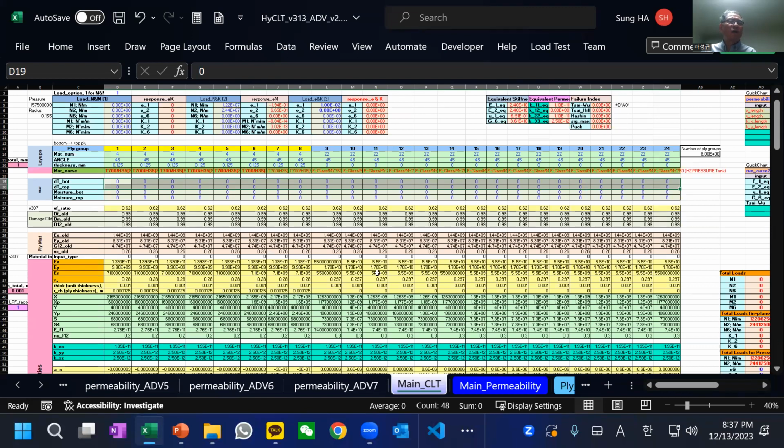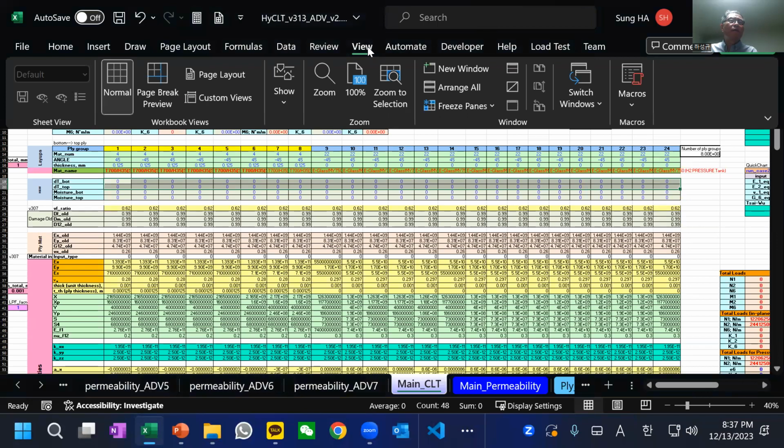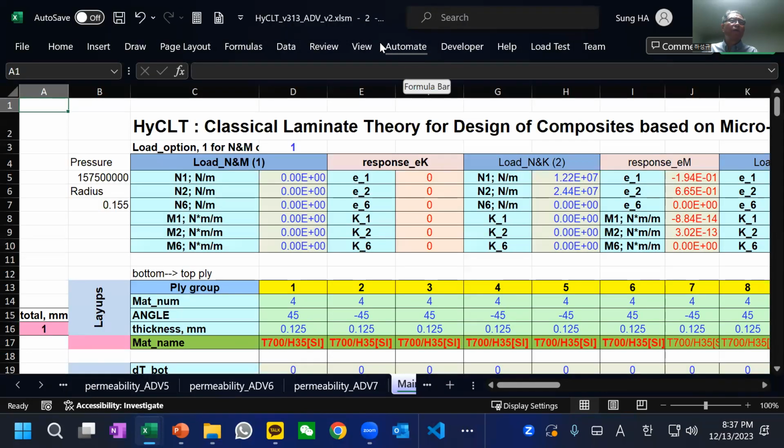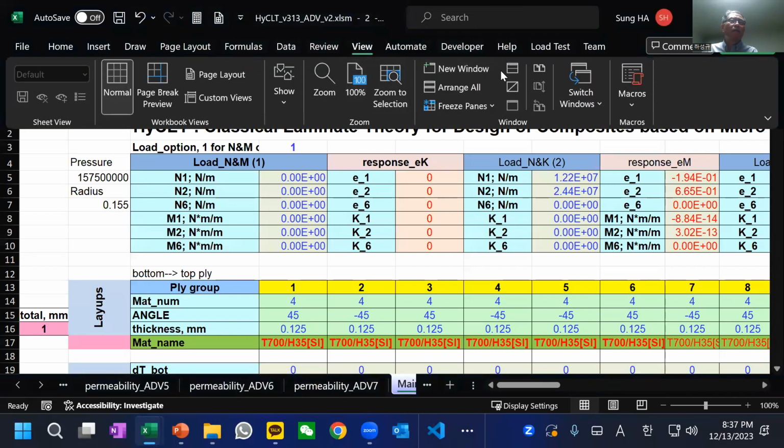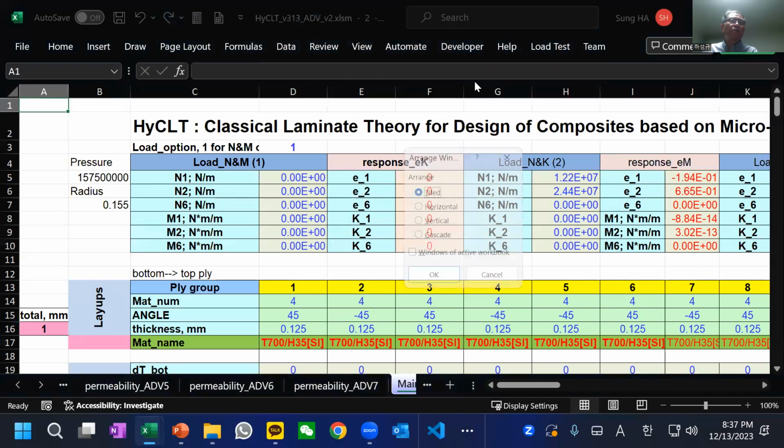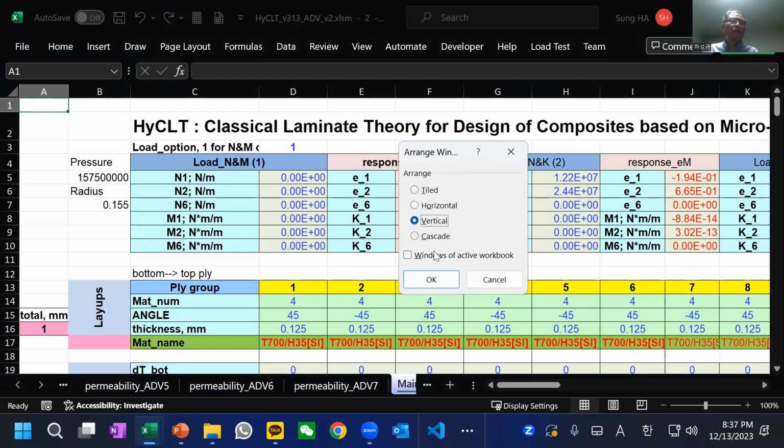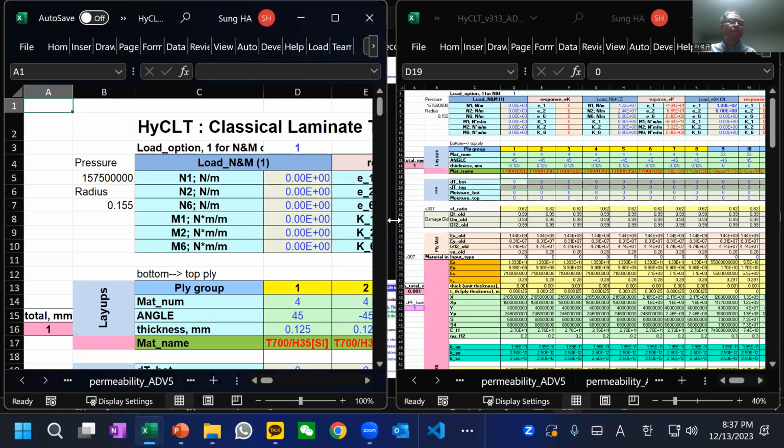Then let's try and see what happens. Let's say we'd like to have a new window, and then arrange all tile, and let's see the vertical.